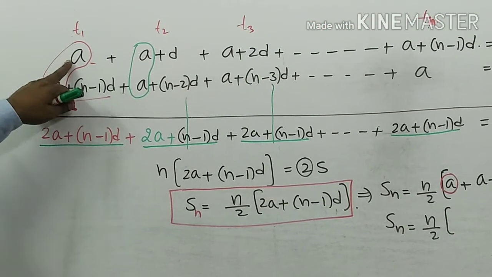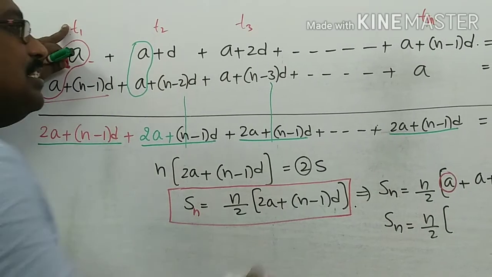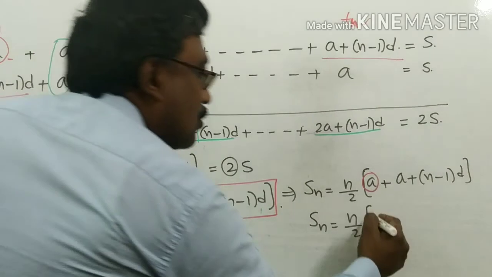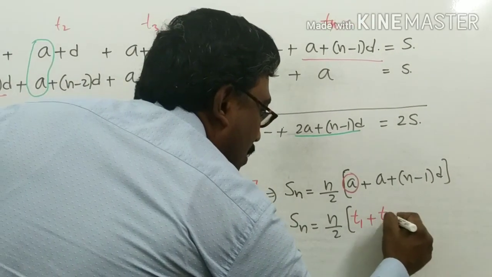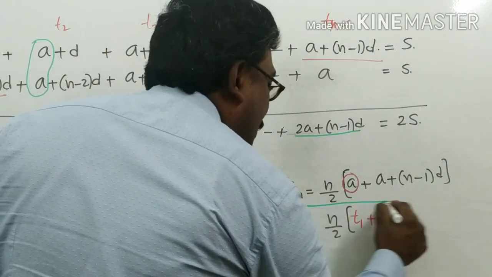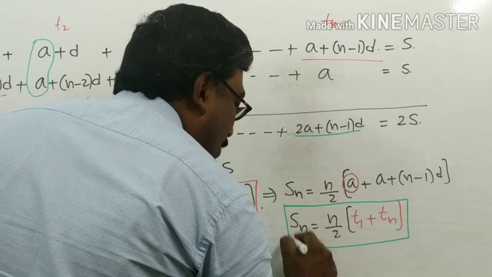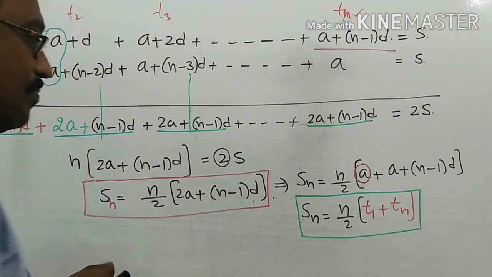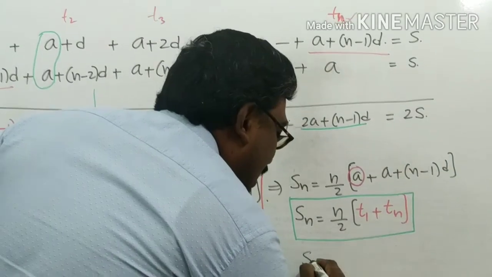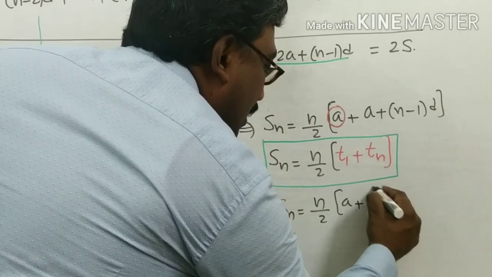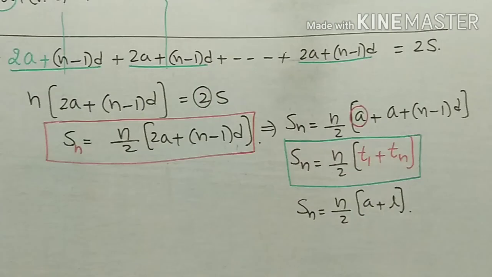And what is a + (n − 1)d? The nth term. So can I write first term plus nth term? So Sn is equal to n/2 into (first term + last term, or nth term).